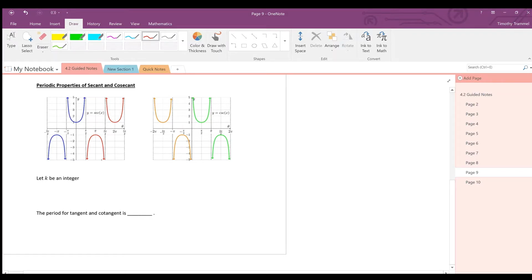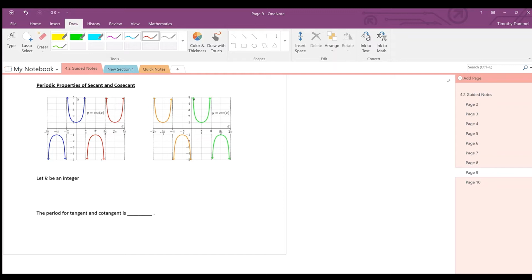All right, let's see what you got. Oftentimes, students will say pi here because of those vertical asymptotes. It kind of reminds them of tangent and cotangent up above. But it actually ends up, the pattern here is one of these upward facing U's and one of these downward facing U's. They're not really U's, but hopefully you get what I'm saying here. It's the two of them combined that makes one period.